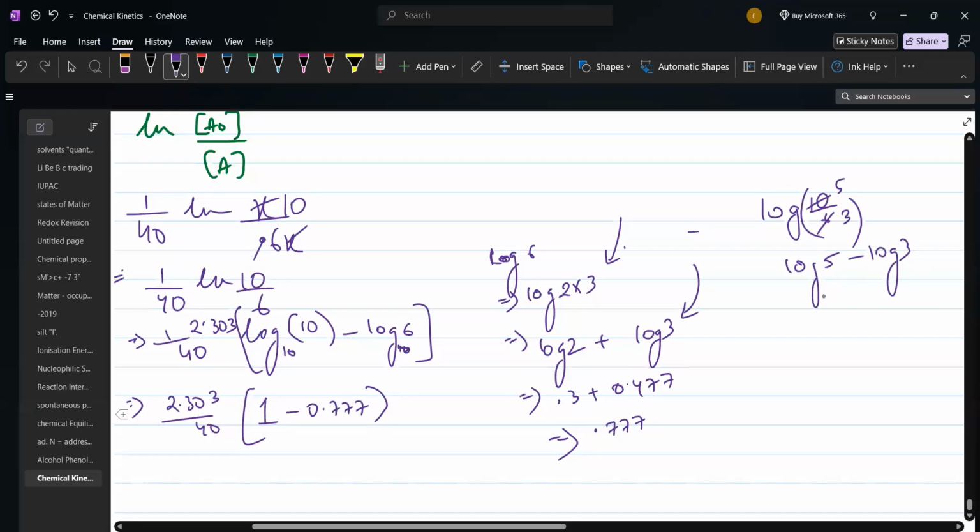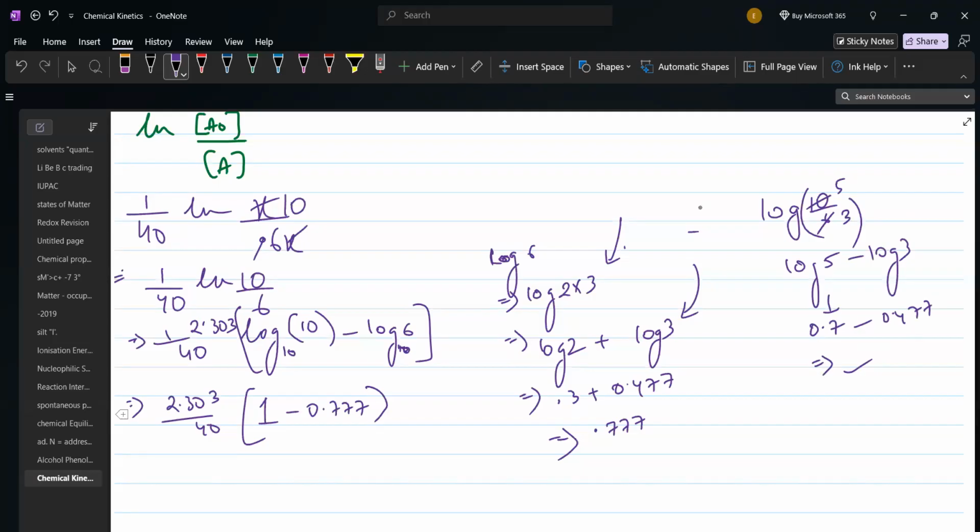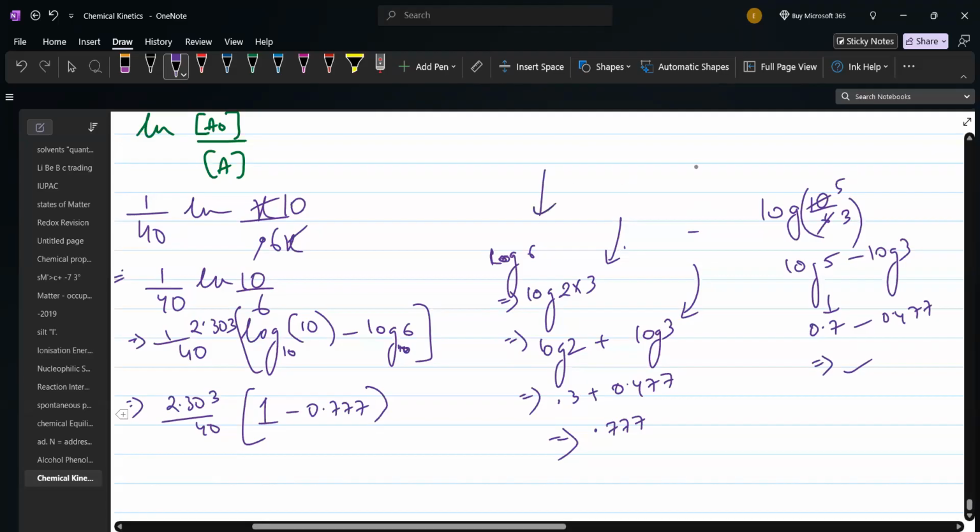So log of 5 you can say is 0.7, and this is 0.477, and you will get the same answer. Okay, have you understood both steps?